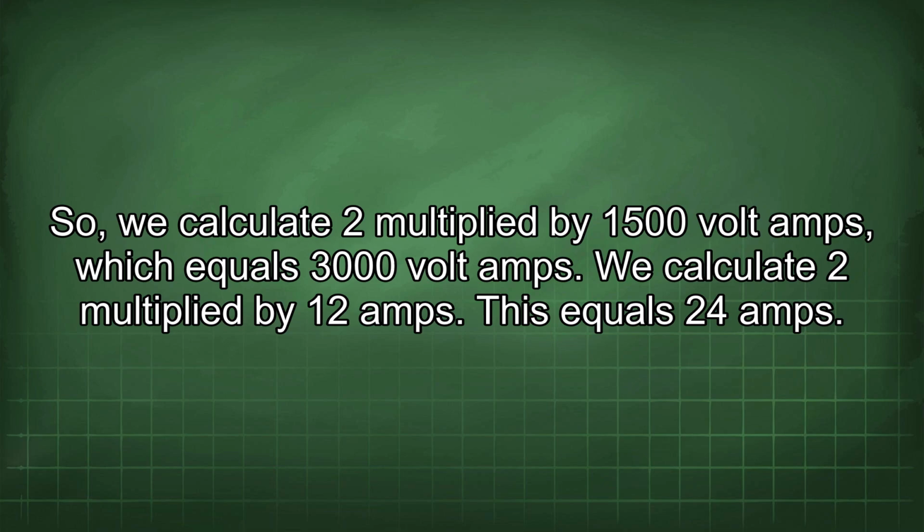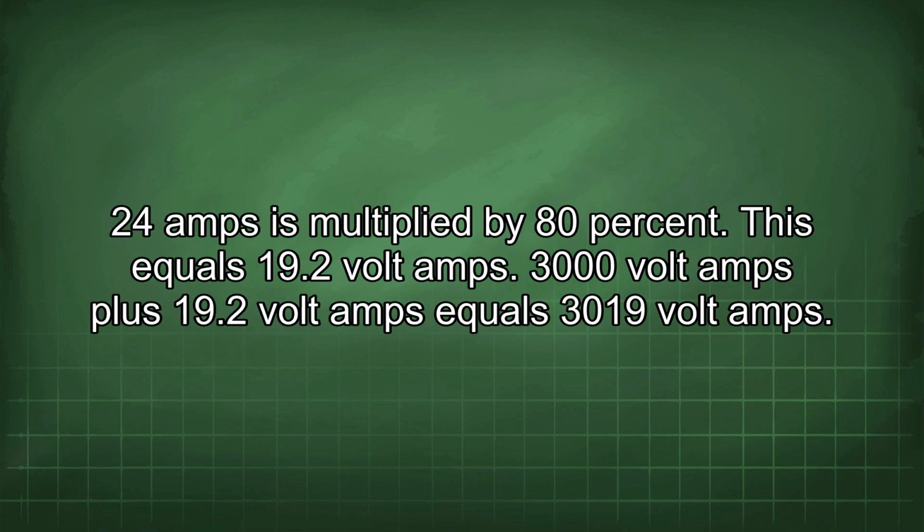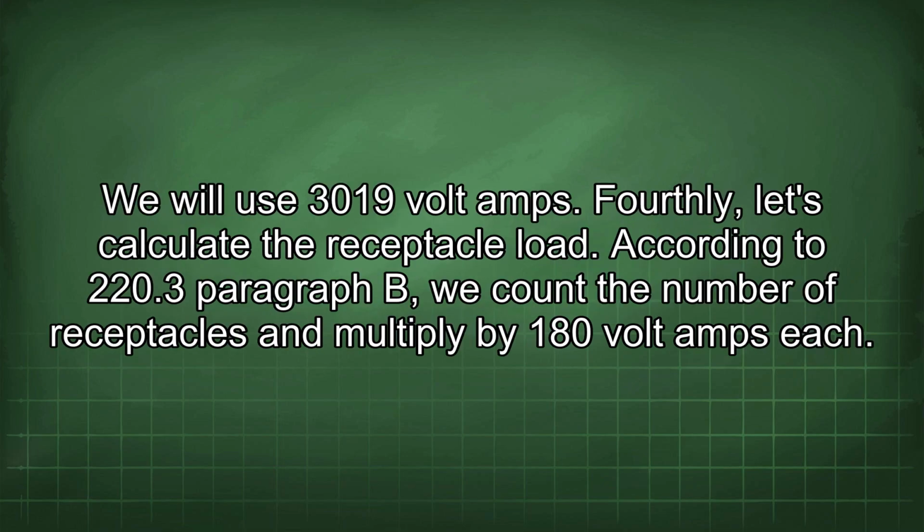So, we calculate 2 multiplied by 1500 volt-amps, which equals 3000 volt-amps. We calculate 2 multiplied by 12 amps. This equals 24 amps. 24 amps is multiplied by 80%. This equals 19.2 volt-amps. 3000 volt-amps plus 19.2 volt-amps equals 3019 volt-amps. We will use 3019 volt-amps.